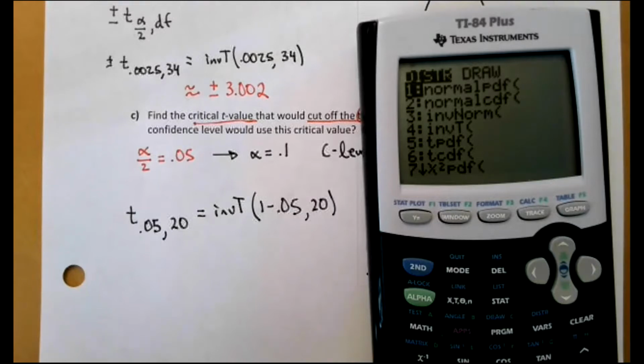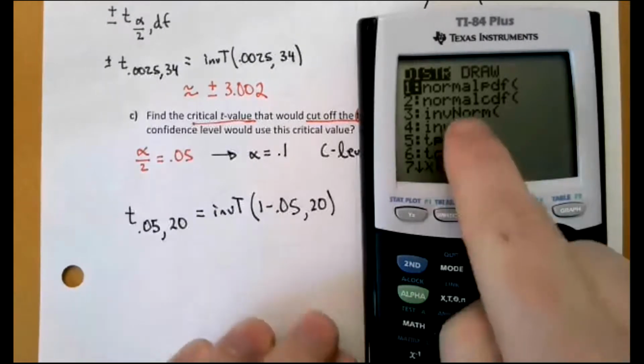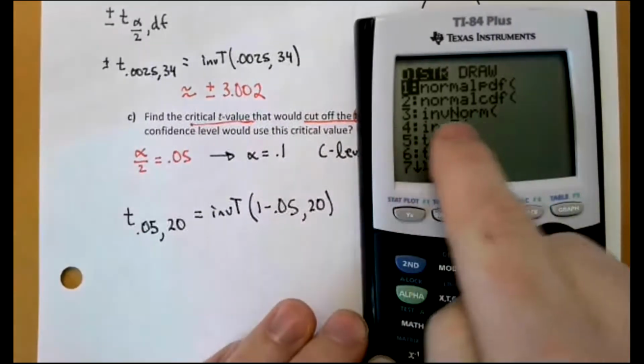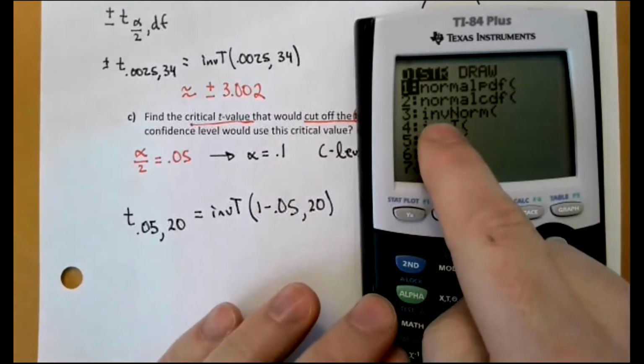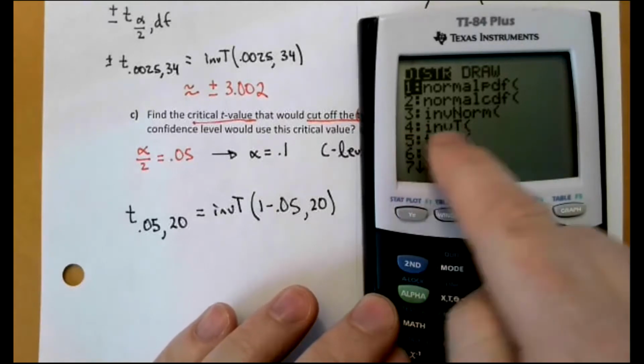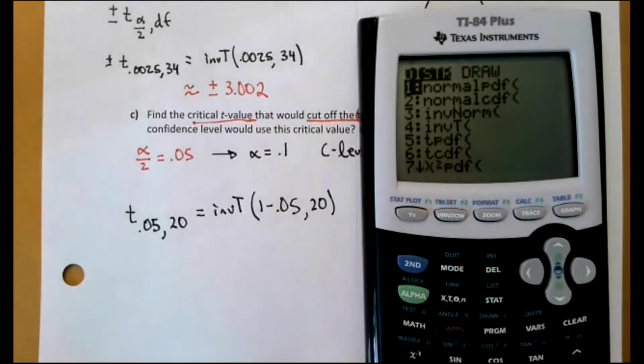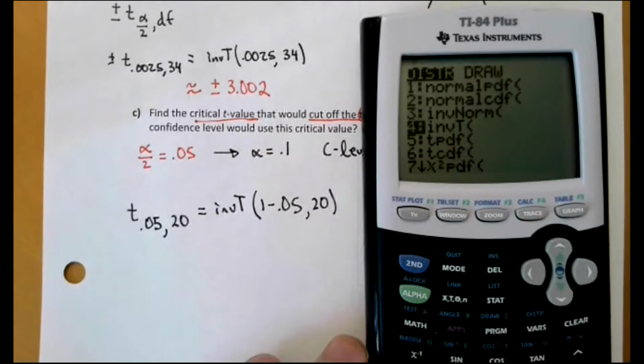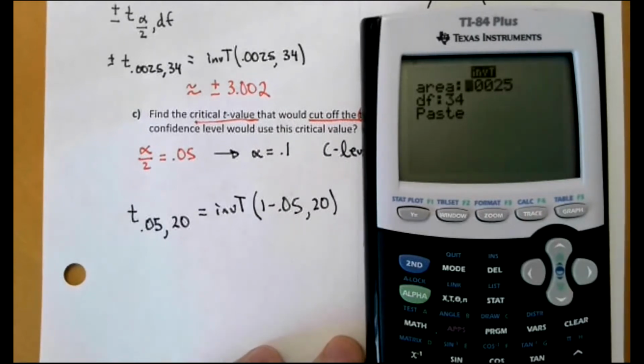Oh, Zoom is going to keep going. Thank you, Zoom. Okay, so notice this option 3 inverse norm, that's for z critical values. For 4, that's inverse t, that's our t critical values, that's the one we want for this problem. We're going to put in 1 minus 0.05 and our degrees of freedom of 20.